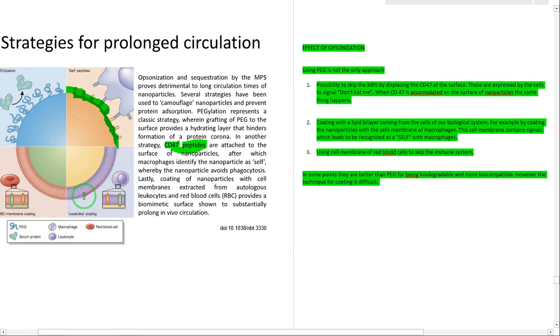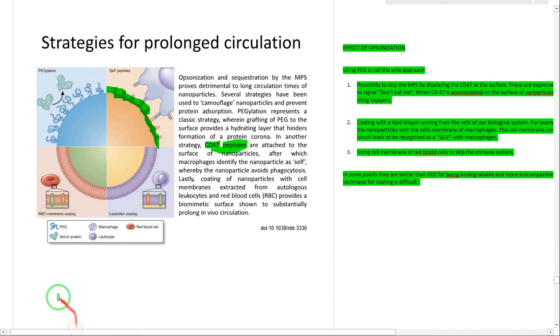So again, the elimination will not happen. And finally, if we use the cell membrane of red blood cells, again the nanoparticles are going to become more biocompatible in the body. And also the coatings are biodegradable.